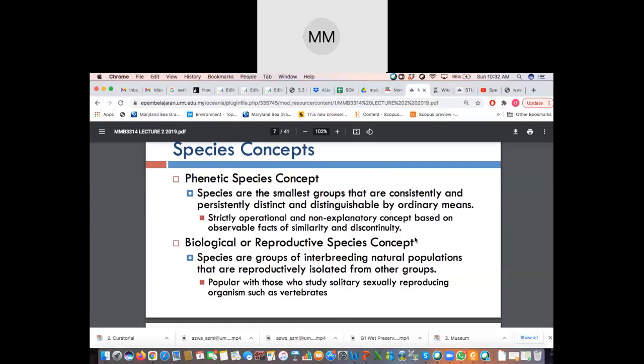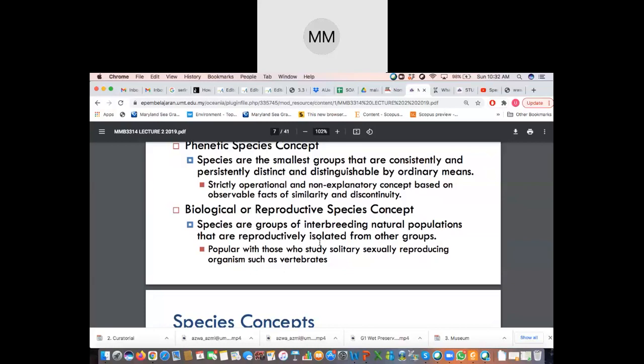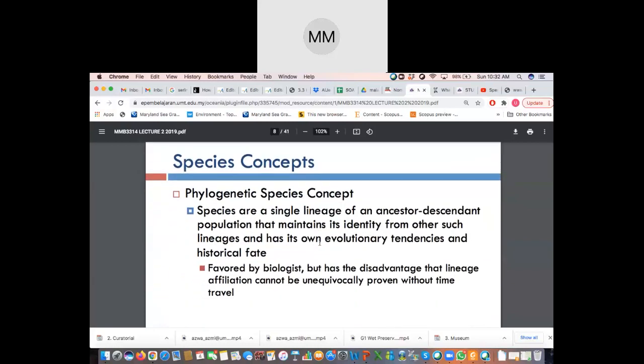Then the next one is the biological or reproductive species concept. This is the one that you guys are very familiar with. It's basically having to sexually reproduce and being able to produce fertile offspring. Okay, phylogenetics: I'm going to play around with this with you in our marine ecology third lab.